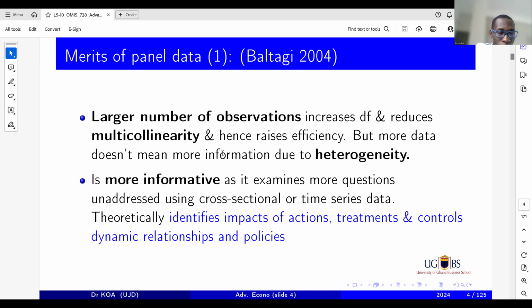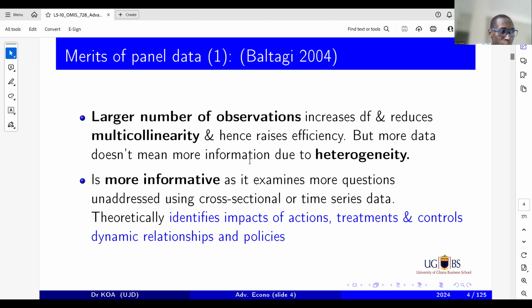One advantage of the panel is also the fact that it gives you more information, because there are some questions you cannot handle when you're looking at time series or cross-sectional data. For example, the effect of some actions, some treatments, some controls, the dynamic relationship between some policies. For example, there could be a policy that was introduced in 1983.